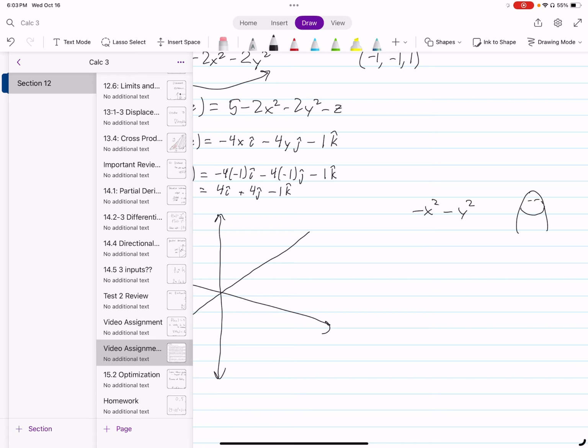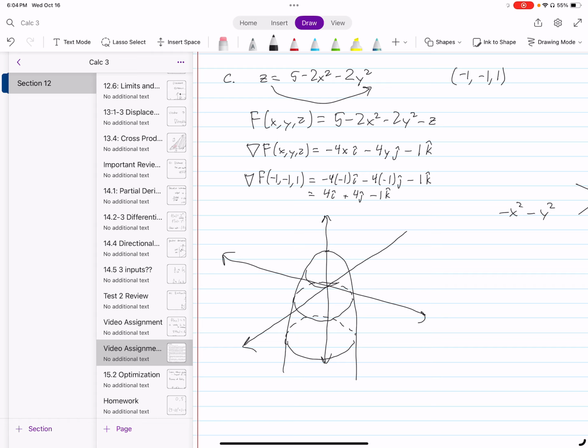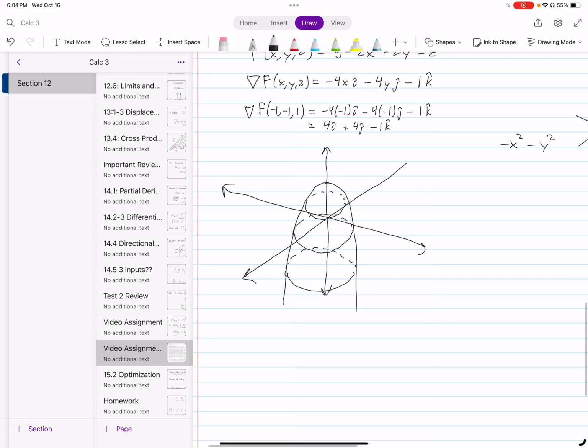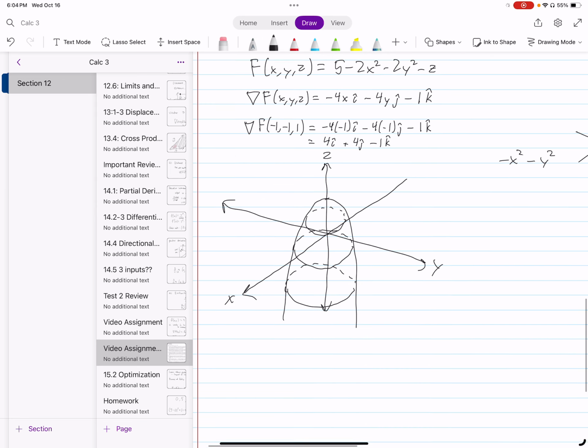It will start higher and go down a bit steeper than the original bowl because the x and y have coefficients greater than 1. So x is here and then y is here. Yeah. This is basically what our 3D graph would look like.